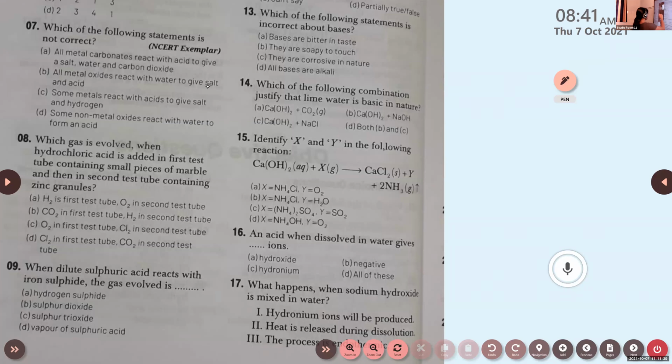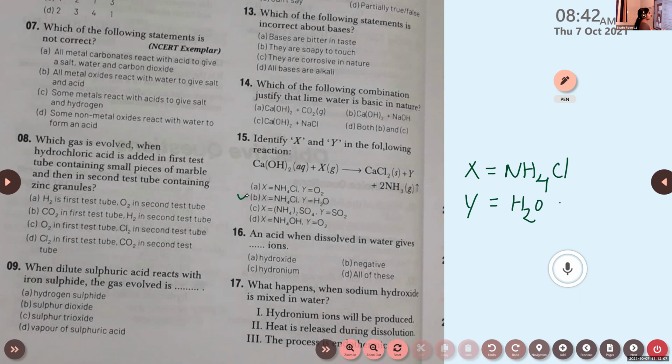Option A. Okay, X equal to NH4Cl. And what about Y? H2O. Yes, Y equal to H2O. So option B.